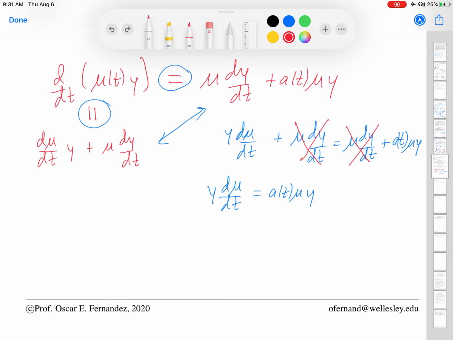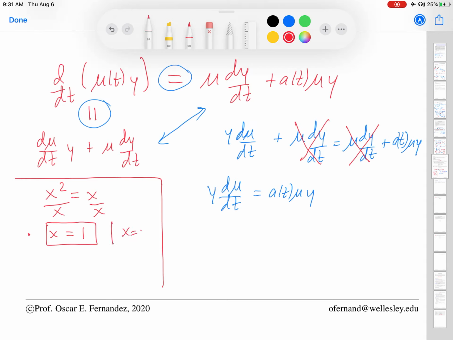So I want to do a quick little aside here. For example, what if I want to solve x squared equals x? Just to illustrate this point as a public service. You might say, okay, well, I'm going to divide by x on both sides. Great, sure, let's do that. Why not? Then you get x equals 1. You say, okay, fine, I found the solution. I'm done. There's nothing left to do. I'll go home. The problem is that misses the solution x equals 0, right?